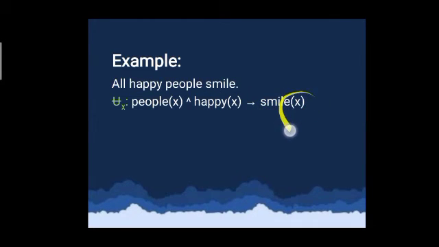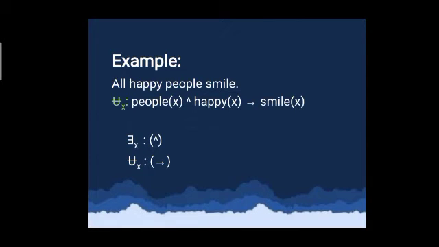X. And we should remember one thing, that in most of the cases, whenever we have universal quantifier, we use implication. And whenever we have existential quantifier, we use conjunction, that is and.